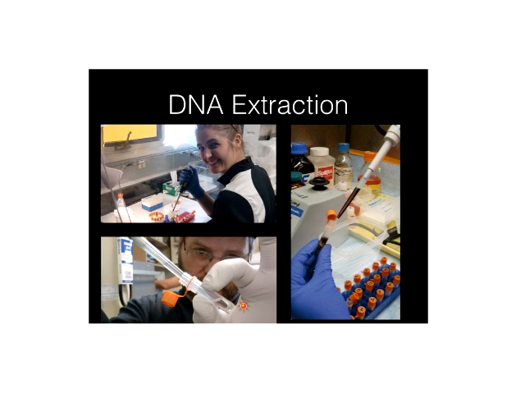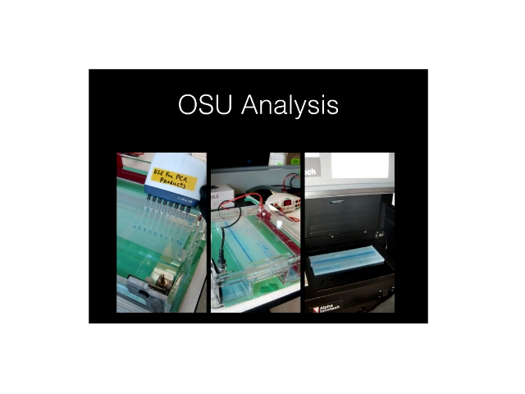And once they've gotten that little sample of DNA, they send it back to Oregon State for analysis. And they essentially use PCR, or polymerase chain reaction, to make a bunch of copies of the DNA, because we need lots and lots of copies in order to be able to see it.